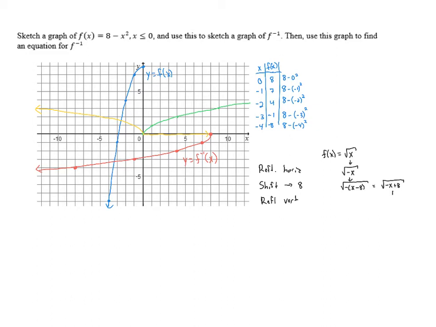And then if we reflect vertically, that requires replacing our function with the opposite of the function. So in this case, through a series of transformations, it looks like the inverse function is given by the negative square root of the opposite of x plus 8.